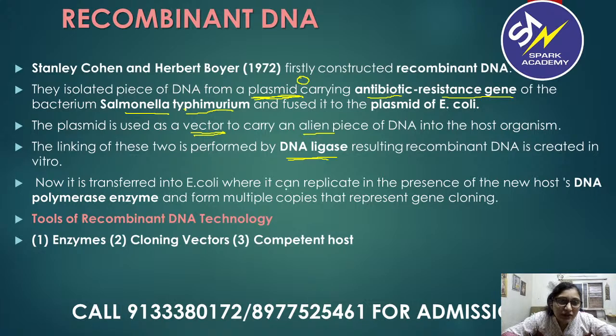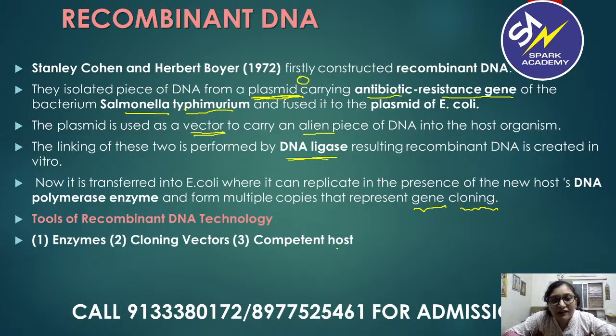Now it is transferred into E. coli, where it can replicate in presence of new host DNA polymerase enzyme and form multiple copies that represent gene cloning. So now what you have done? You have cloned a gene in E. coli. So now what are all tools you need for the recombinant DNA technology?